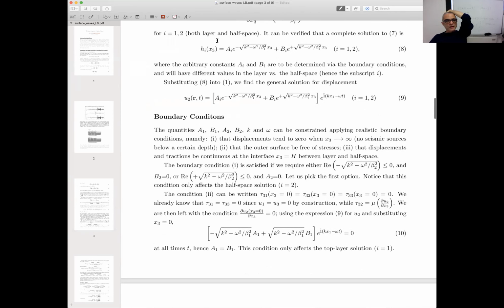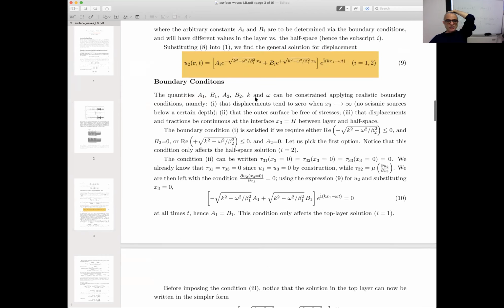But so by applying the boundary conditions, we are going to reduce this very general expression here to a more restricted set of functions that are allowed to exist in our layer over half space model. Okay, this is what I'm doing.